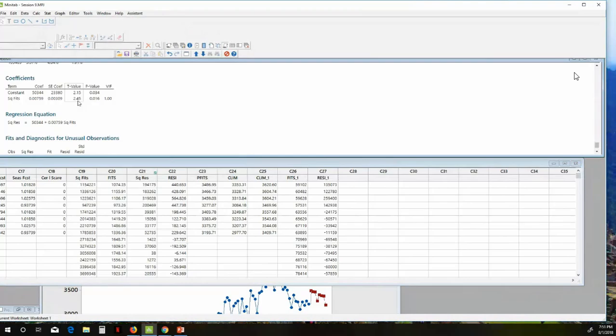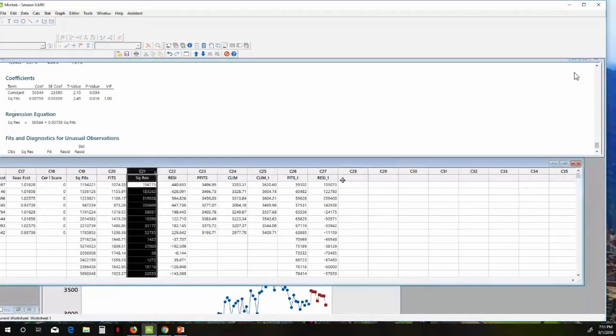Somebody tell me yes or no. Is that significant? That means that the model estimates are a significant predictor of the error terms, which means that the model is heteroscedastic. So what does that mean?